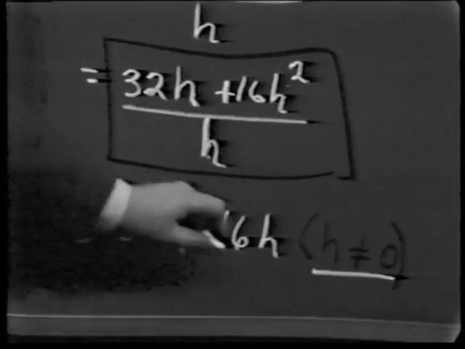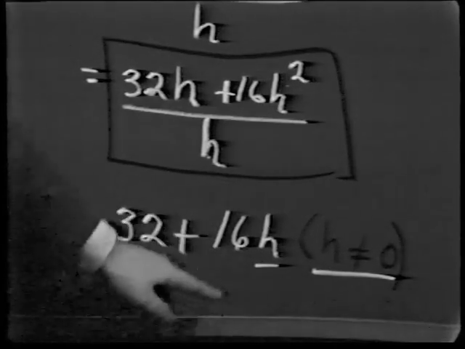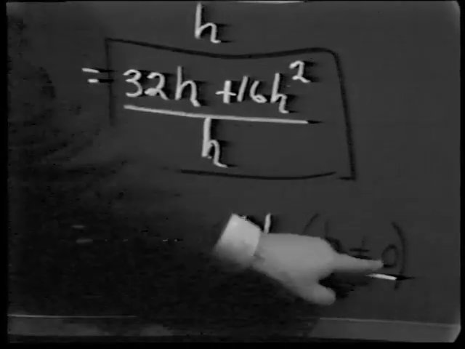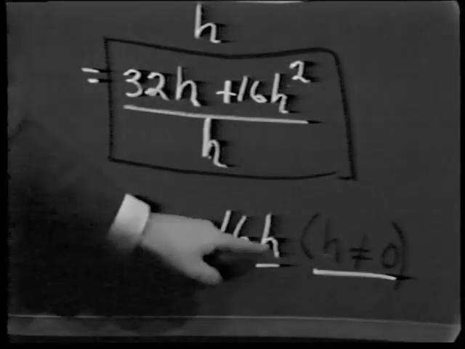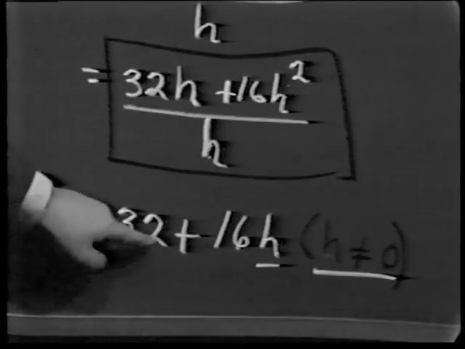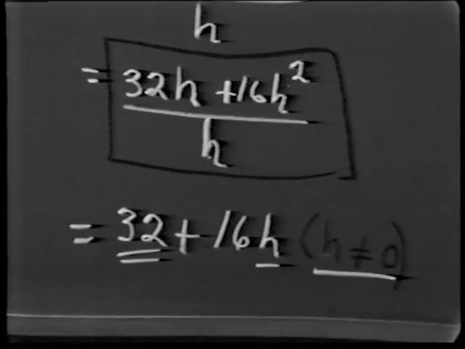Now again, without trying to be rigorous, observe that our senses tell us that as h gets as close to 0 as we want, without ever being allowed to get there, 16h gets as close to 0 as we want also, and hence 32 plus 16h apparently gets as close to 32 as we wish.